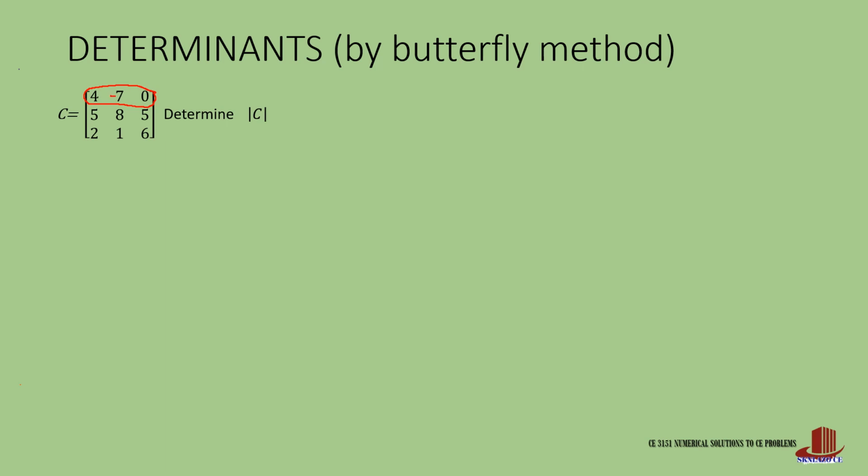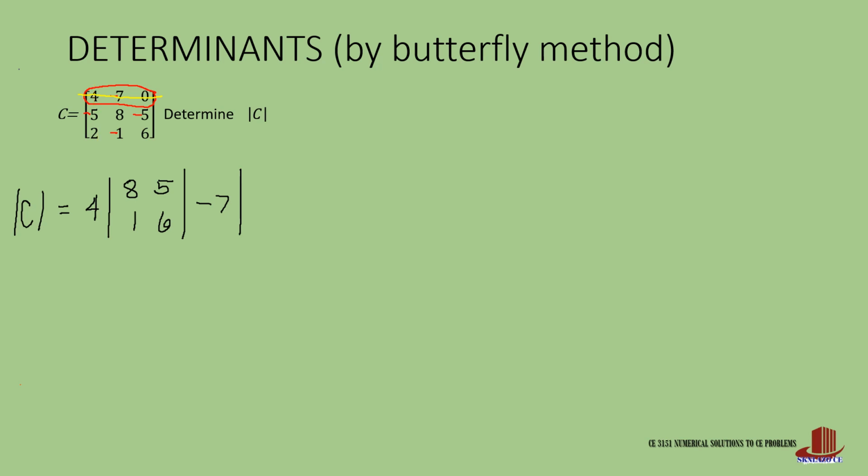So again, let's start with interchanging signs, and then continue with our determinant of C. So starting with our first element, we're going to have positive 4 with a cofactor, or the minors, 8 and 5, 1 and 6. Then work with negative 7 and minors.